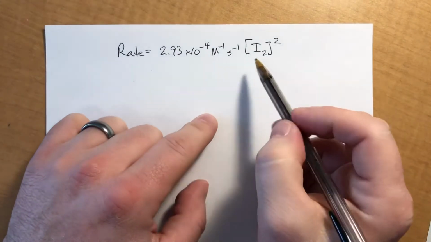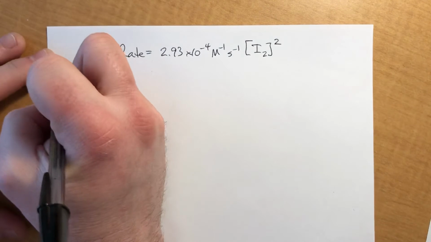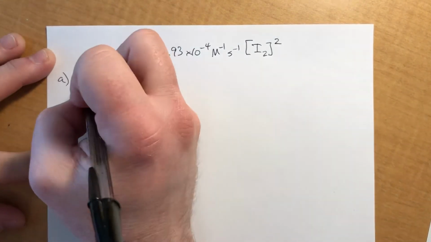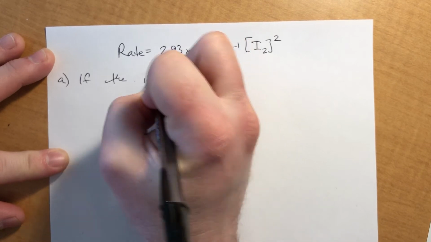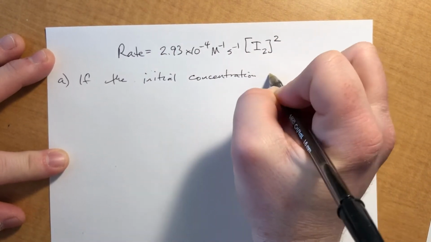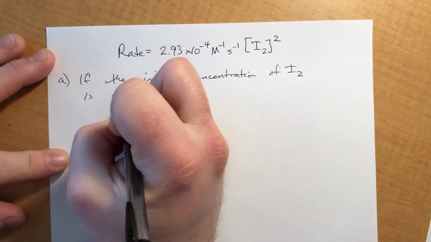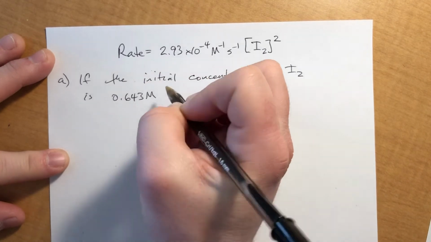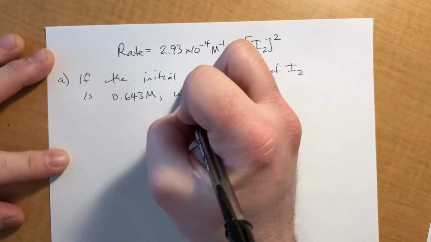That 2 at the top tells you that it is second order. So the first part of this is, if the initial concentration of I2 is 0.643 molar, we want to know what the concentration is at 200 seconds.